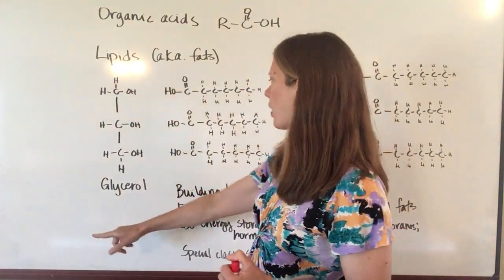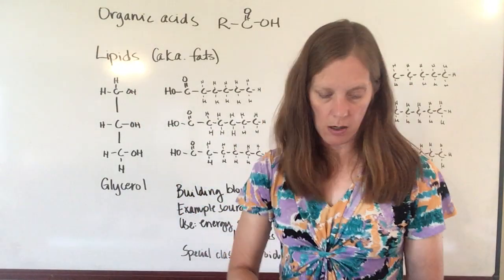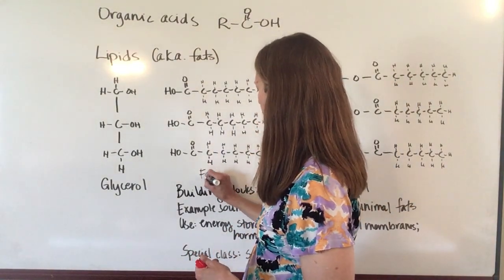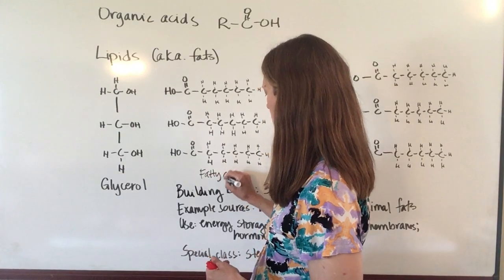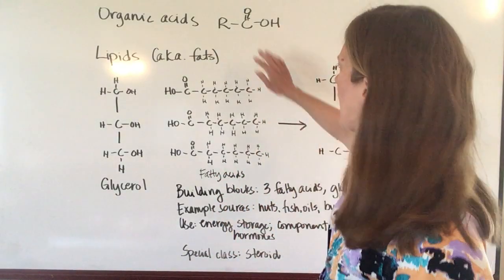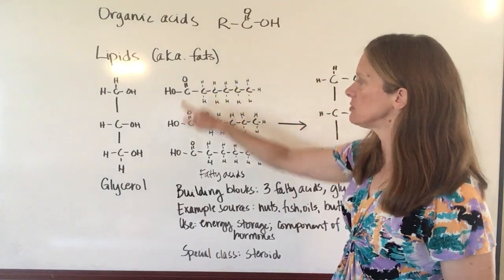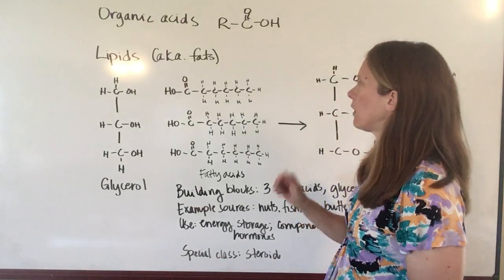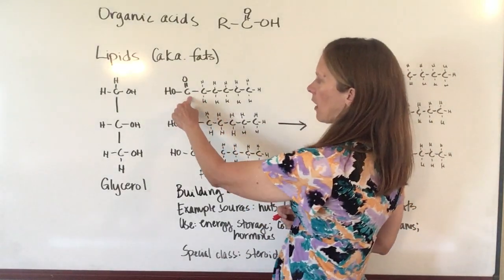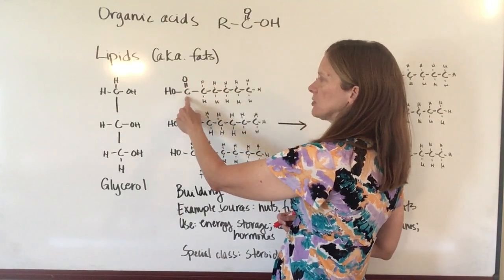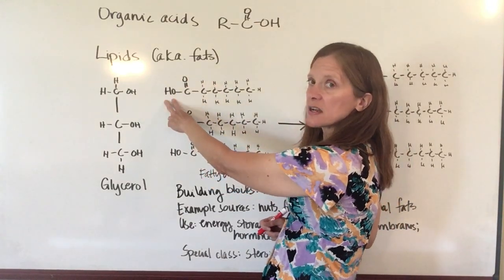So this is glycerol. These over here, and I forgot to write it up here, are called fatty acids. Since I just told you what an acid group looks like, do you see the acid groups in these 3 molecules right here? I hope so, because here on the ends you see this doubly bonded oxygen, and you see the singly bonded oxygen that's connected to a hydrogen.